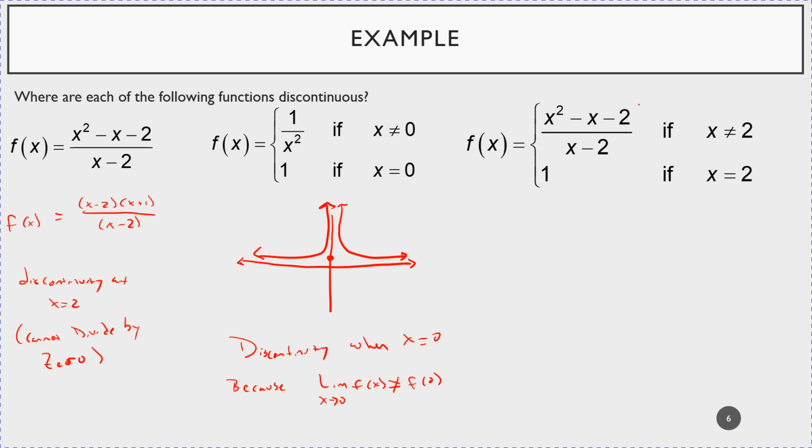Like what I said is that this graph here looks like x minus 2 times x plus 1, divided by x minus 2. So this graph just looks like x plus 1.